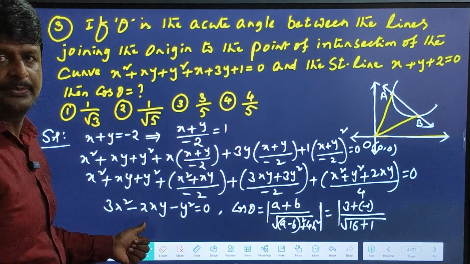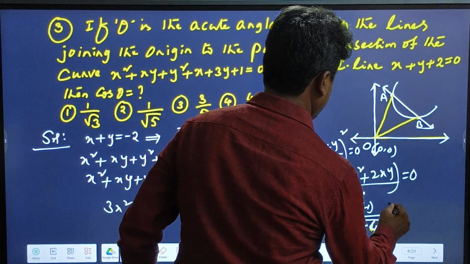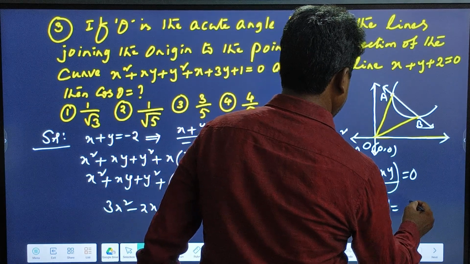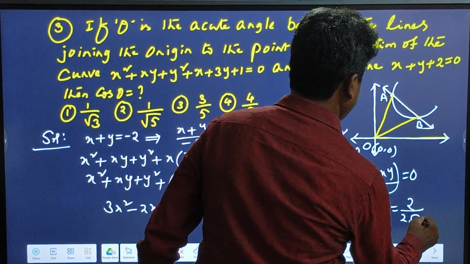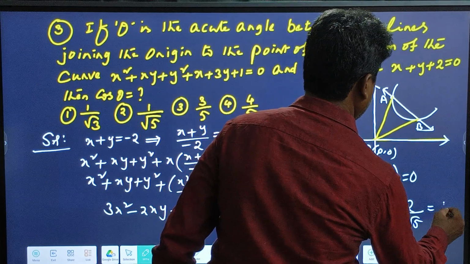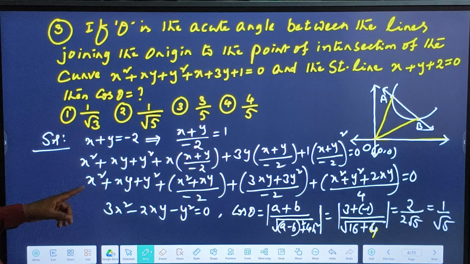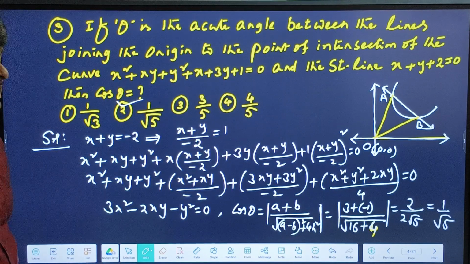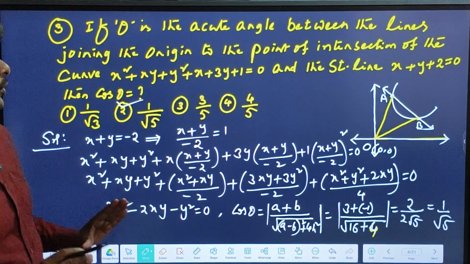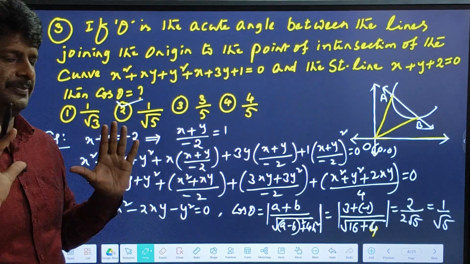See, 2h is minus 2, so 4h square will be 4. This is 3 minus 1, 2 by root 20. Root 20 can be written as 2 root 5, which gives 1 by root 5. 1 by root 5 can be seen in option 2. Simply, homogenizing the curve by the line is important.